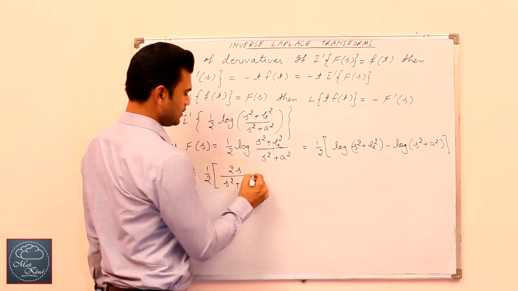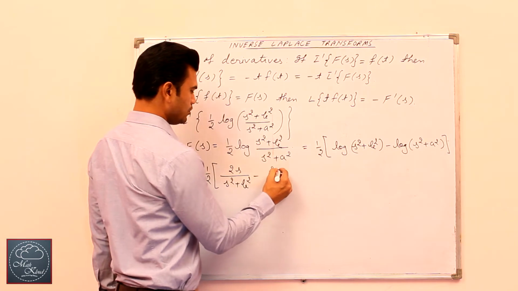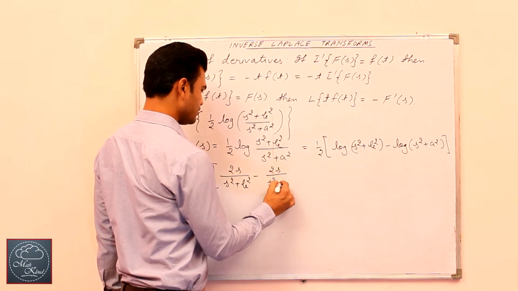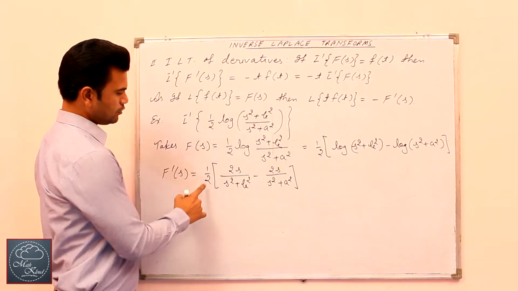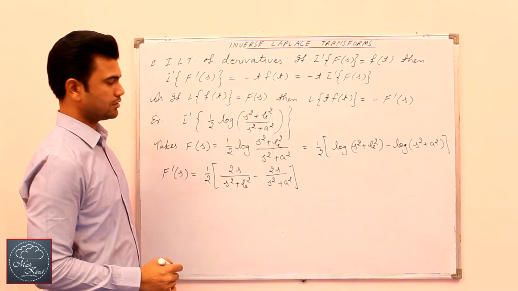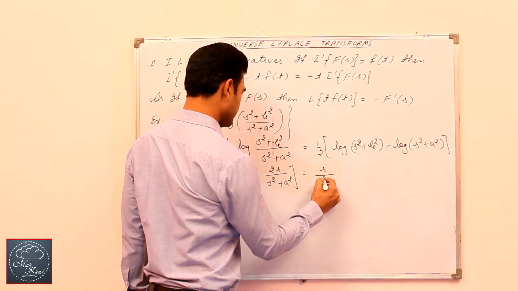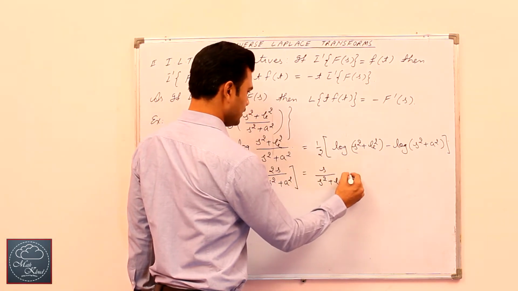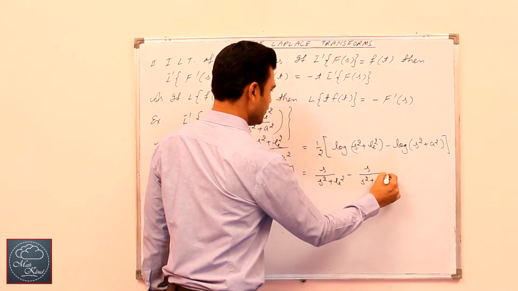And similarly, the derivative of the other function is 2s over (s square plus a square). And here 2 is cancelled out, and you are going to get s over (s square plus b square) minus s over (s square plus a square).